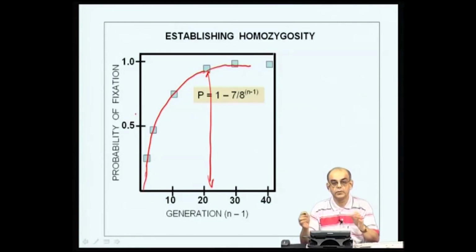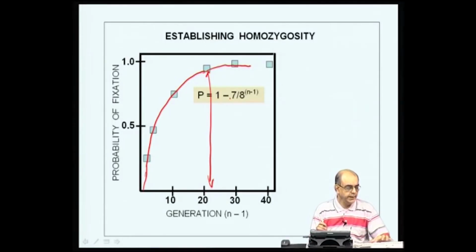So, if you took a pair of wild type mice, male and female, bred them, took their progeny and brother sister mated them for 25 generations, you would make all the members in that colony homozygous in nature. So, what does this formula given over here indicate?